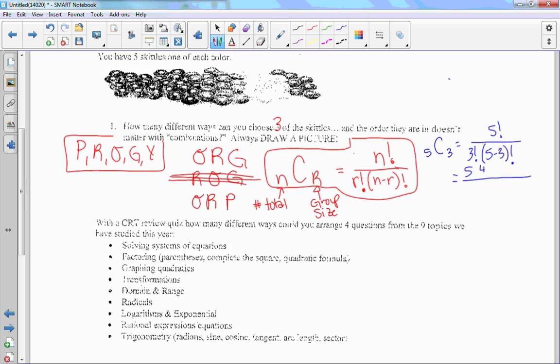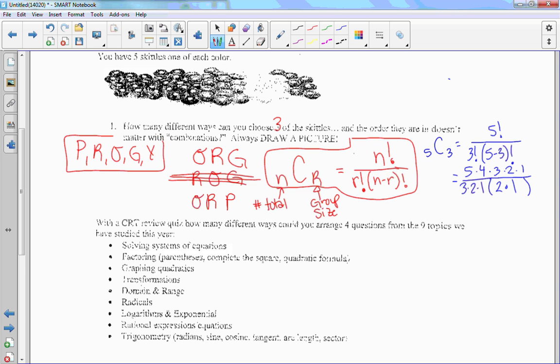So 5 times 4 times, we need times between all of them. And r factorial was 3 factorial. Good. And then times the factorial of 5 minus 3. 5 minus 3 is just 2. So it's 2 factorial, so 2 times 1.